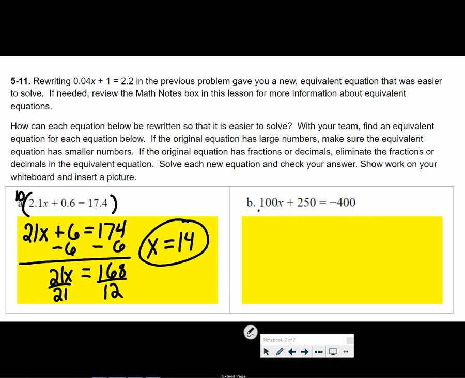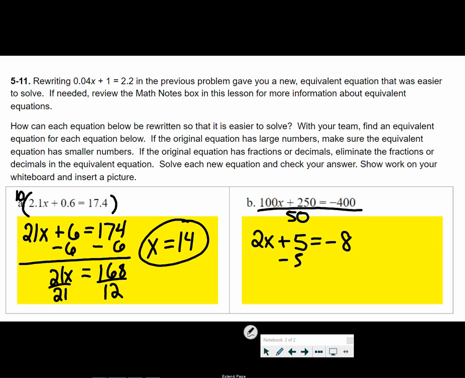For B, I'm going to divide everything by 50. So 100 divided by 50 is 2, so I get 2x plus 250 divided by 50 is 5, and negative 400 divided by 50 is negative 8.